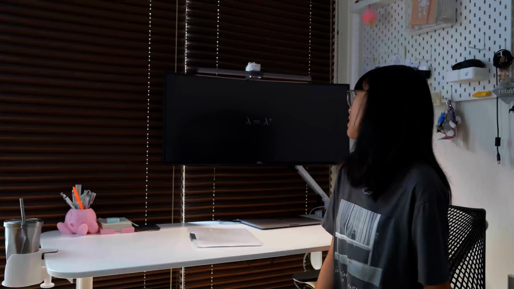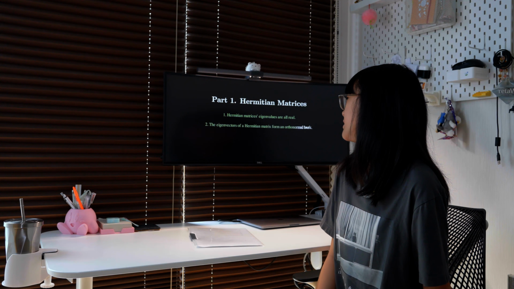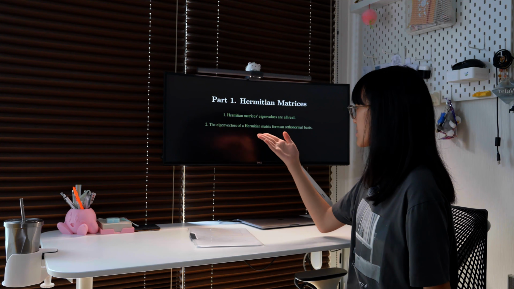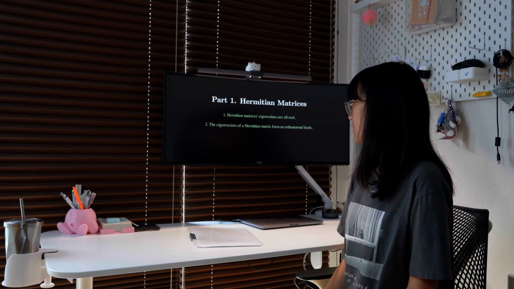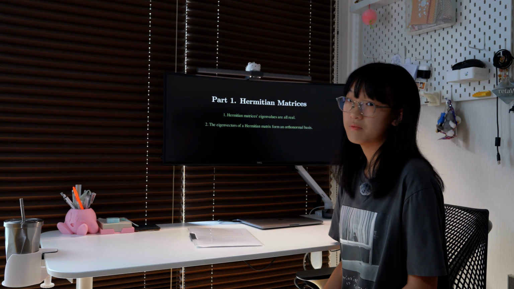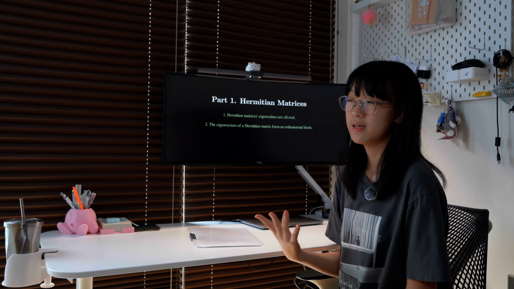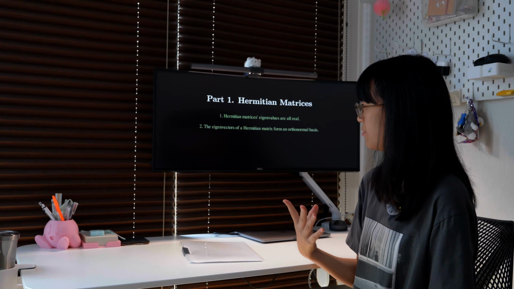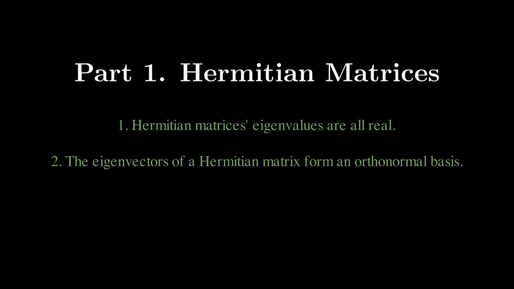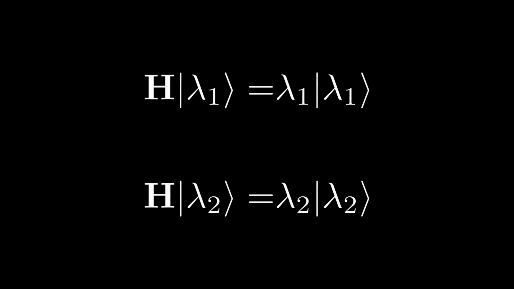The second property of Hermitian matrices is that the eigenvectors of a Hermitian matrix form an orthonormal basis. Let's again prove the property. At first you can try it by yourself, because the proof is very similar to the first one. Again, starting with the definition of eigenvalues and eigenvectors.